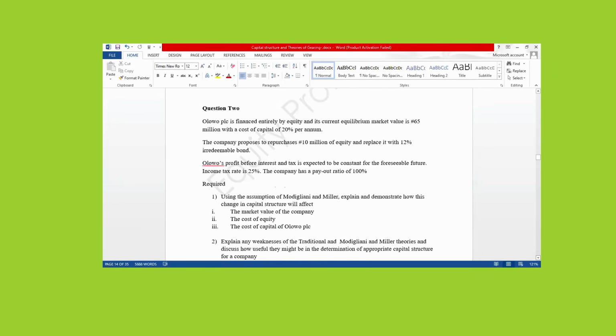The examiner says, using the assumptions of Modigliani and Miller. Now the question is, what are the assumptions of Modigliani and Miller?